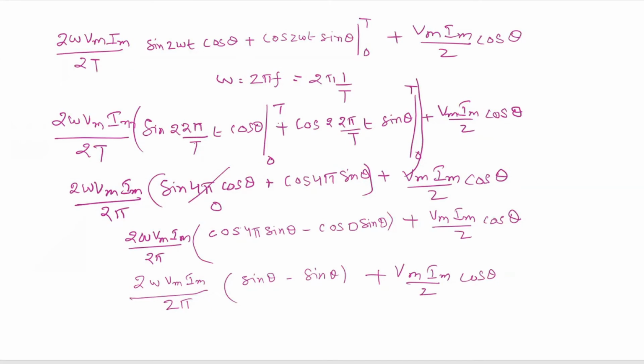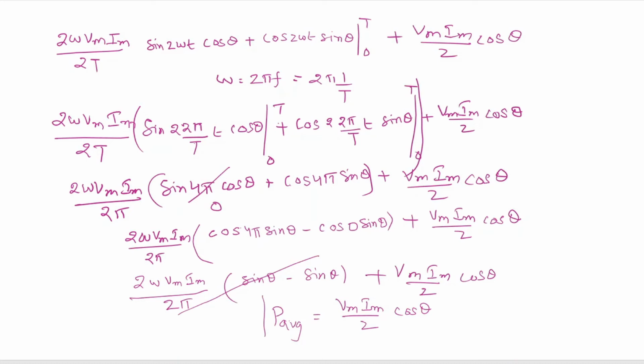Sin theta minus sin theta is 0, so this entire term becomes 0. So P average is equal to Vm Im by 2 cos theta.